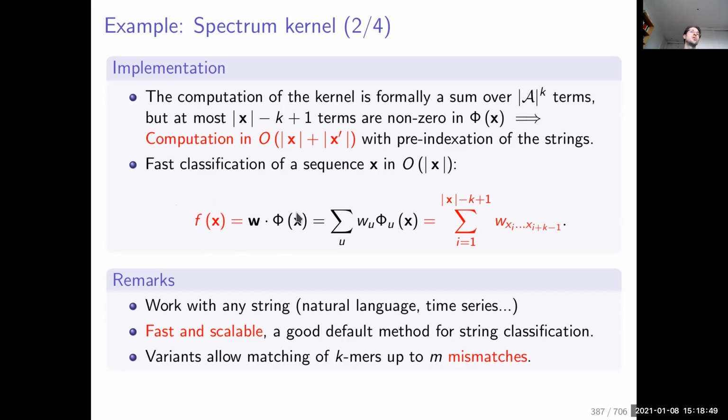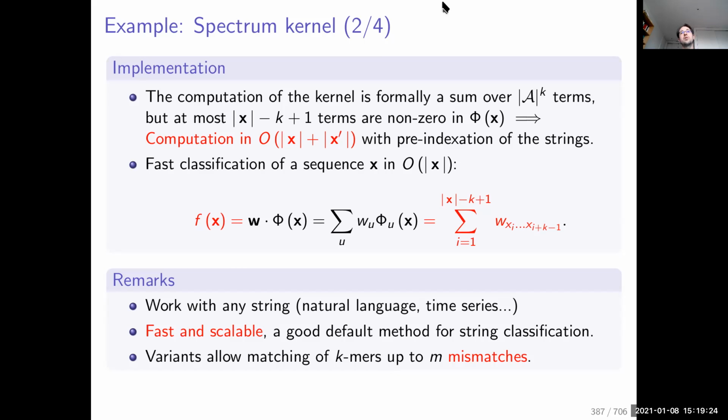If you have a linear model on phi of x, which is represented by this vector w, then this is simply a sum of at most this number of terms, meaning the complexity to compute the prediction is also linear in the length of the sequence, which is a nice property. So this principle works with any type of strings. It's relatively scalable. And like I said, there are important variants that allow coding mismatches.